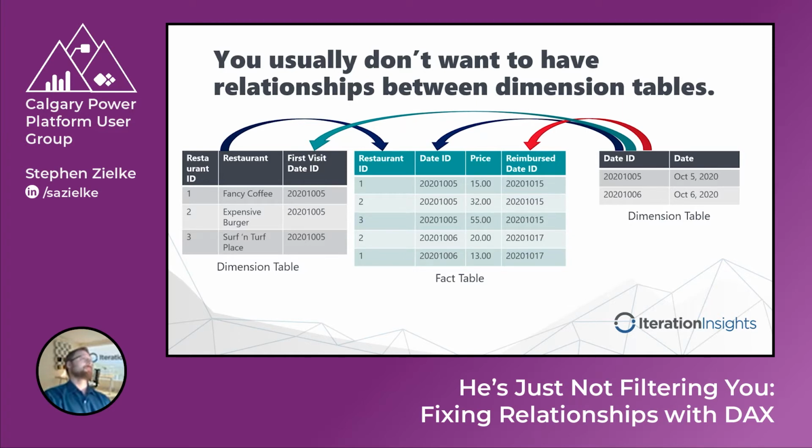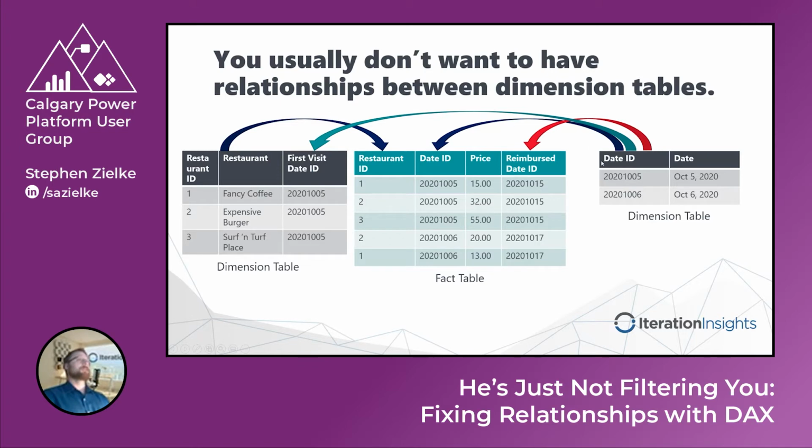Maybe I wanted to directly filter the restaurant table by my date table, and I've added a first visit date ID in my restaurant dimension table here, so the first day I visited each restaurant, and I wanted to just filter that directly, so no care about which days I ended up going, just when did I go there first.